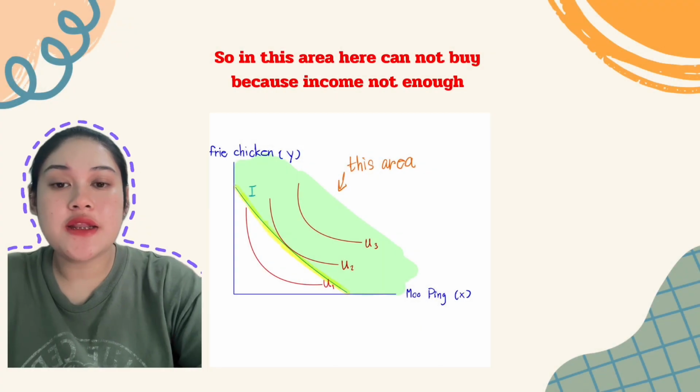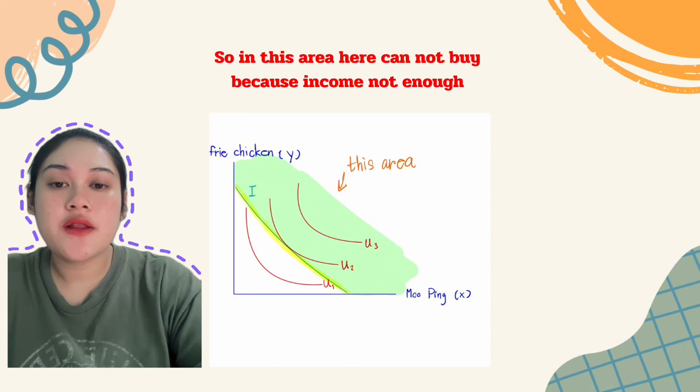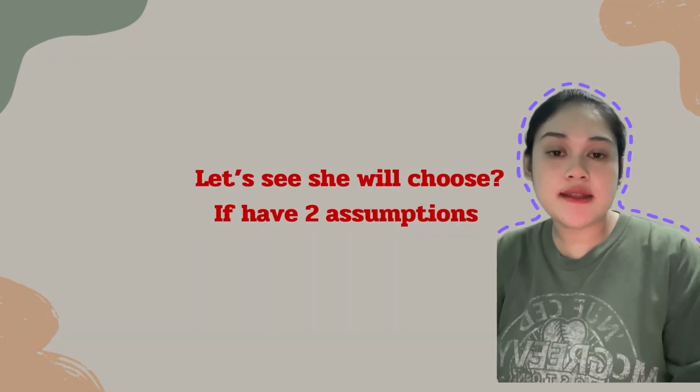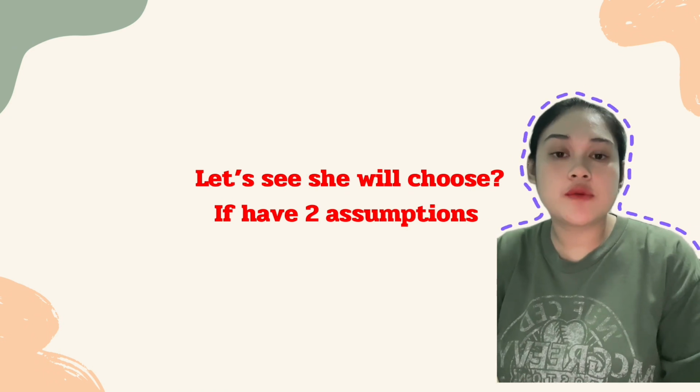In this area here she cannot buy because income is not enough. Let's see what she will choose if we have the two assumptions.